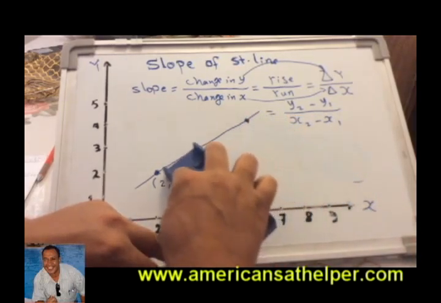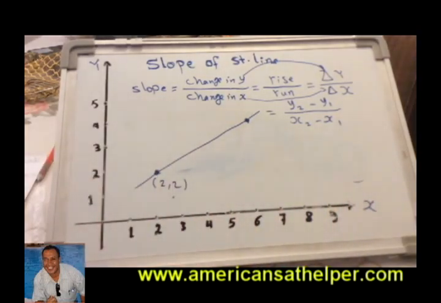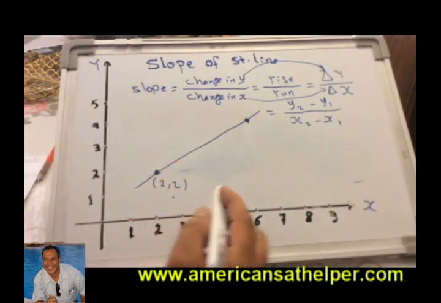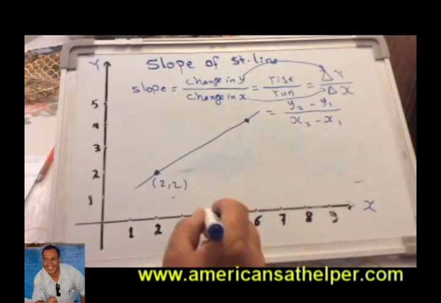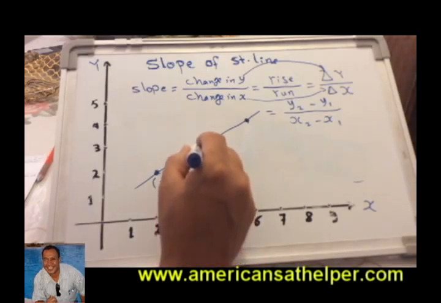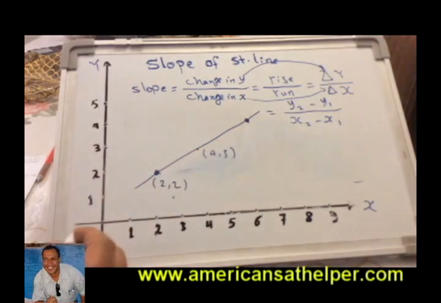Let's keep the point (2, 2) as it is, and change the point (6, 4) to be, say, (4, 3). This is a point on the line.